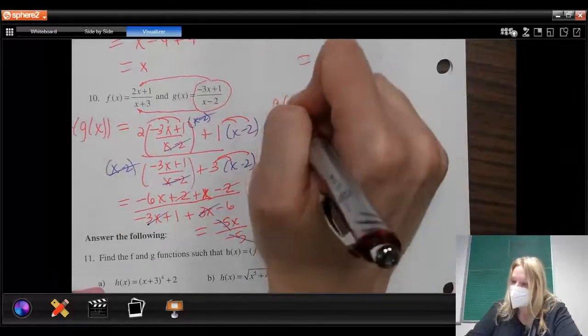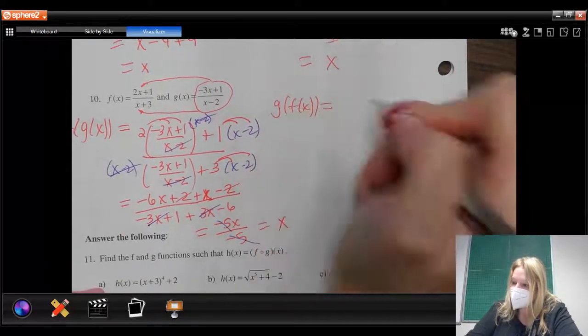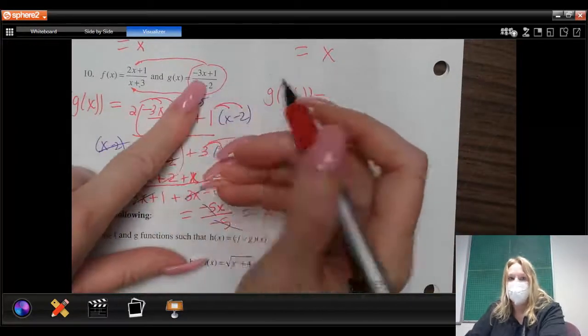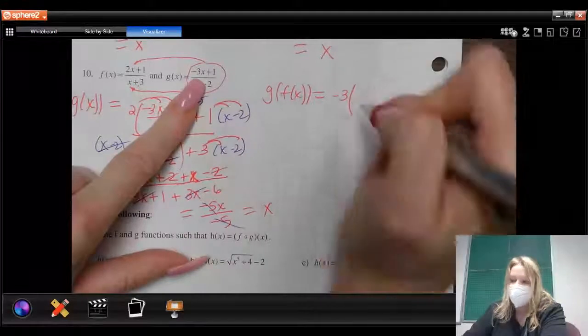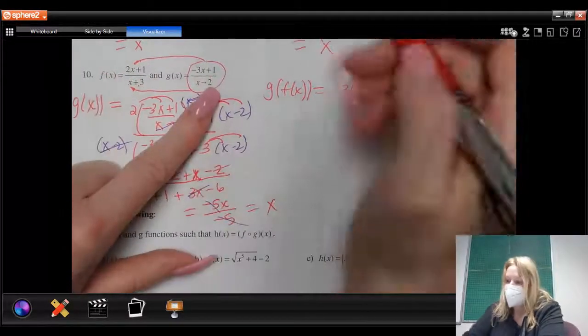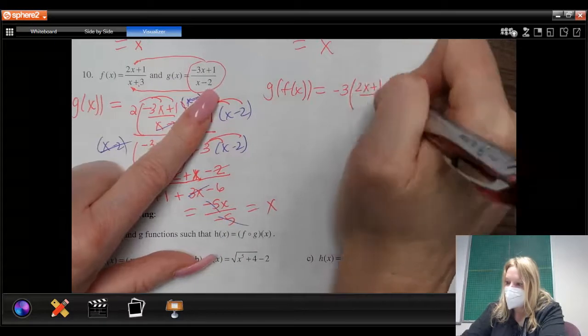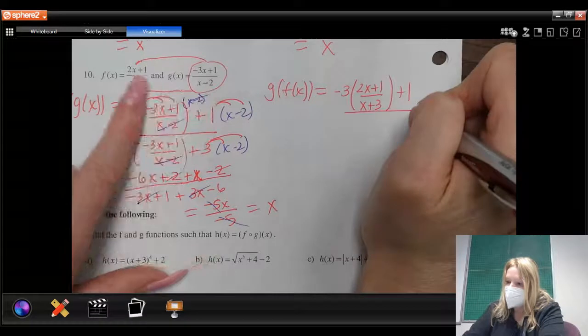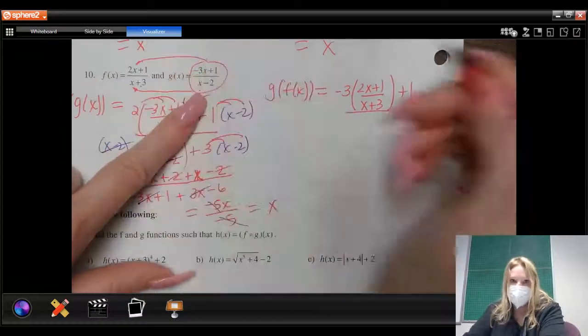Now, g of f of x, we're going to take the f of x, put it into the g of x. So I start here, negative 3, and then I got to put this whole thing in for x. So 2x plus 1 over x plus 3 plus 1 over this whole thing goes in for x.